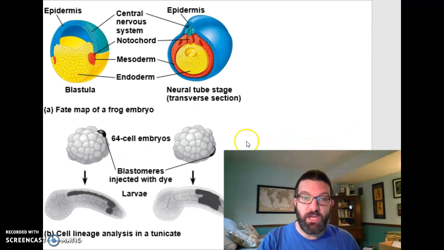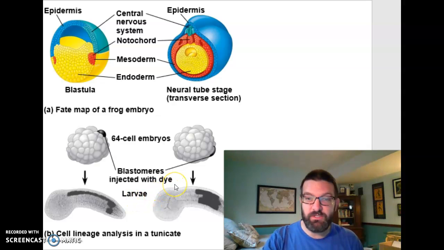So here you can inject with dye cells within the 64-cell embryo, and then you can see later on which cells these turn into. And there's consistency with this if you do these studies, right? So these cells then you would see here. And so this is an example of one of these fate maps.